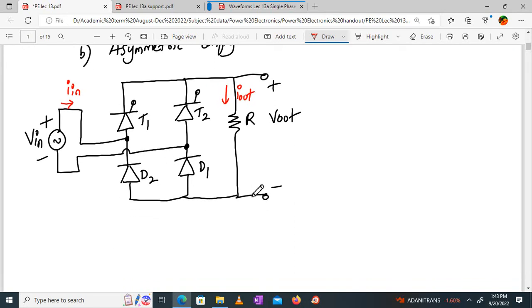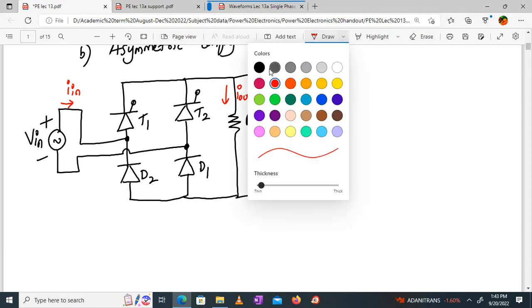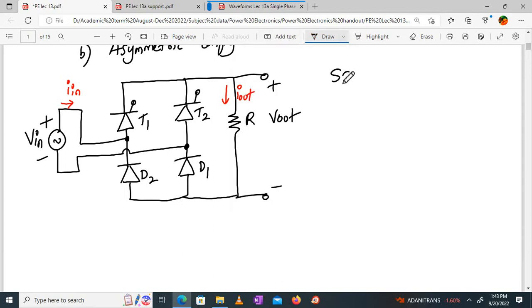Now how will this operate? We have to see the working of this in tandem with the waveforms. Now, which are the SCRs? T1 and T2. How do you say? Because of the symbol of SCR. Now, how does the SCR turn on? Are they controlled? Can we control the SCR? Yes, they can be controlled.